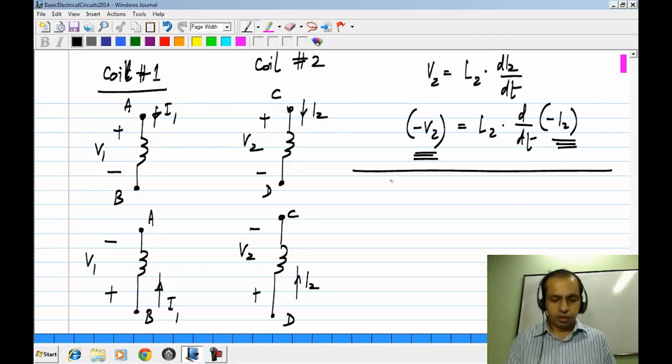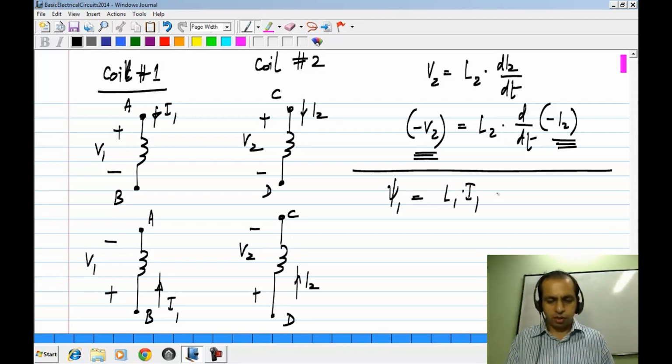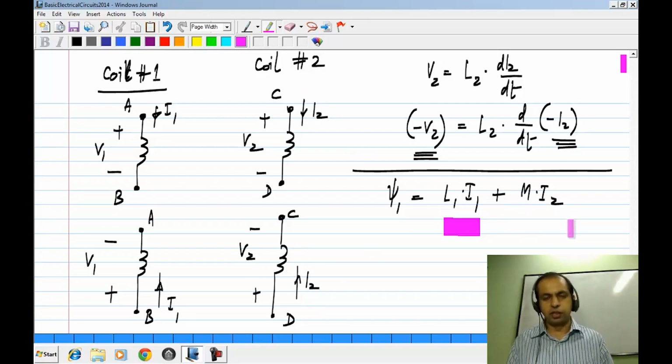If I took the flux linkage to be L1 times I1 plus M times I2, there is no ambiguity for the self-inductance part, but for the second part, if I take coil 2 I2 in this direction, I get something, and if I take it in the opposite direction, I get the negative quantity.